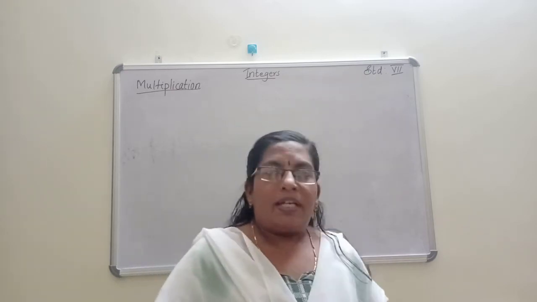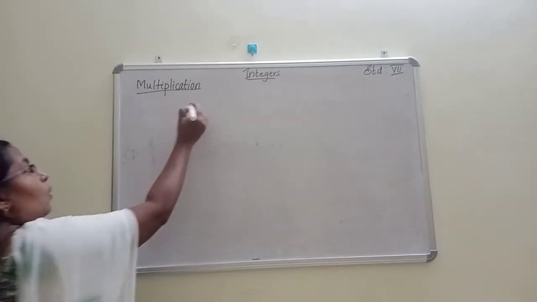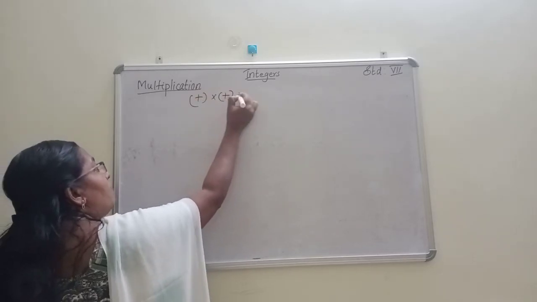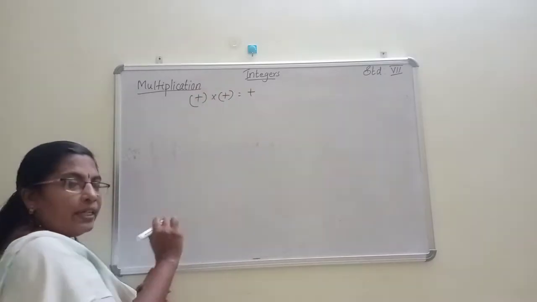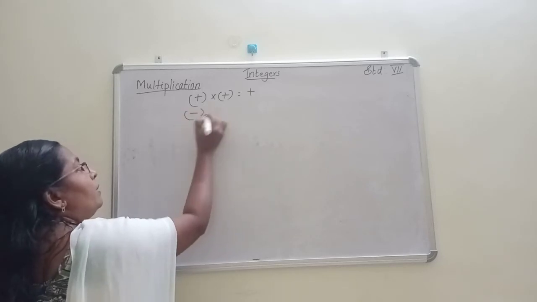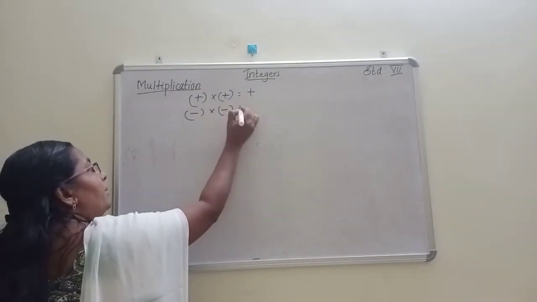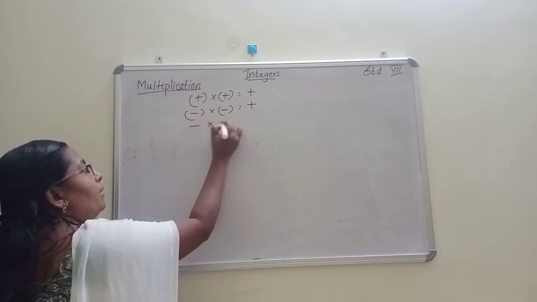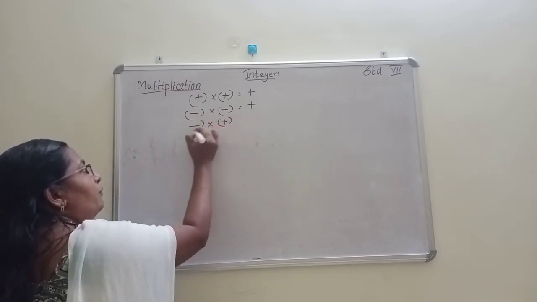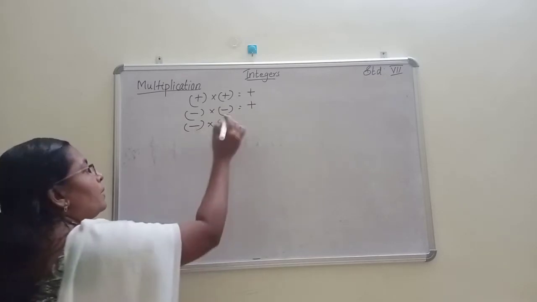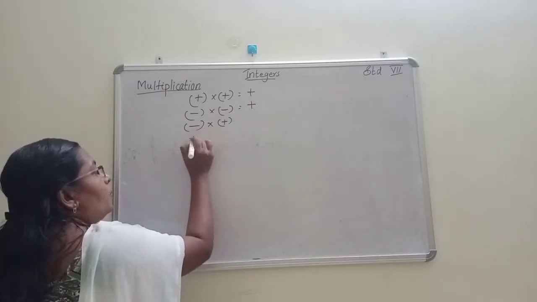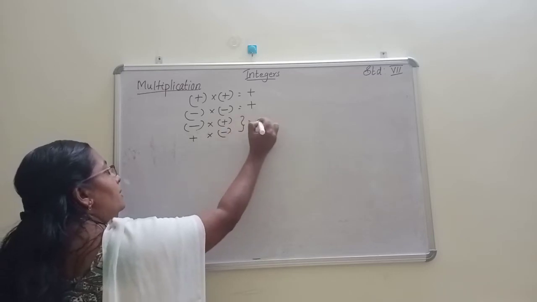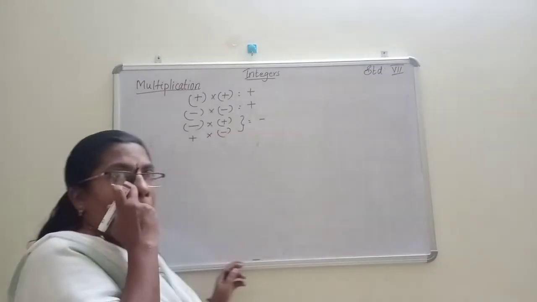Once again we can see: positive into positive gives a positive integer, negative into negative gives a positive integer, and negative into positive, that is different signs, and positive into negative gives the product as a negative integer.